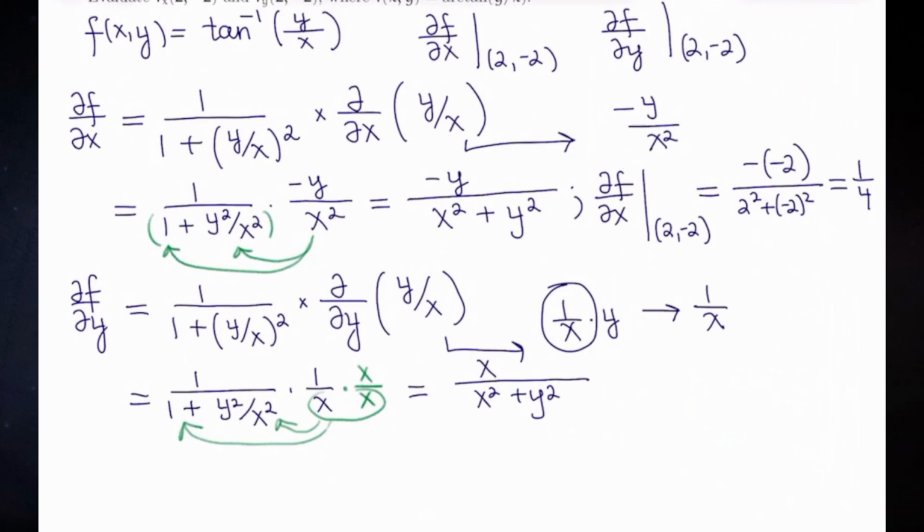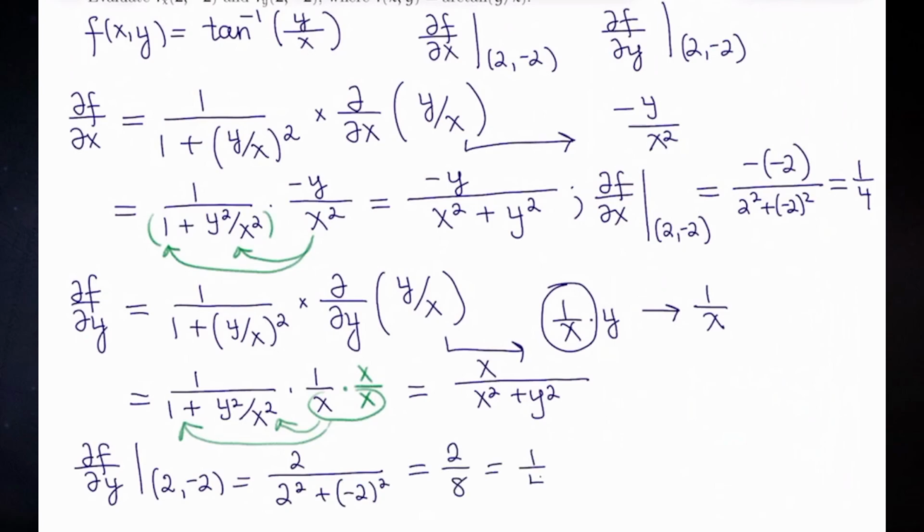And I'm going to evaluate this. So df/dy evaluated at the point (2, -2). It's going to be the same answer, right? So 2 over 2 squared plus (-2) squared. So that's 2 over 8. And the answer is also 1/4.